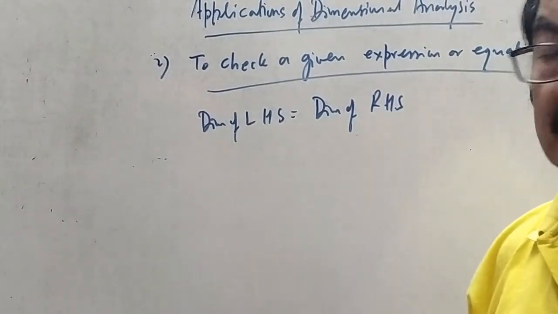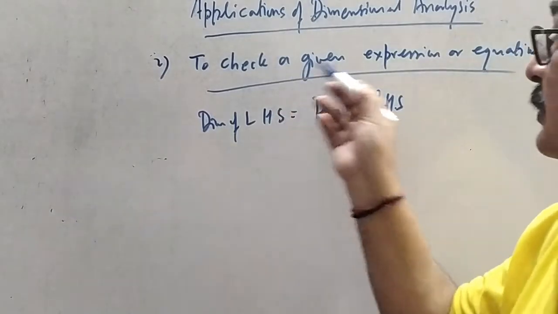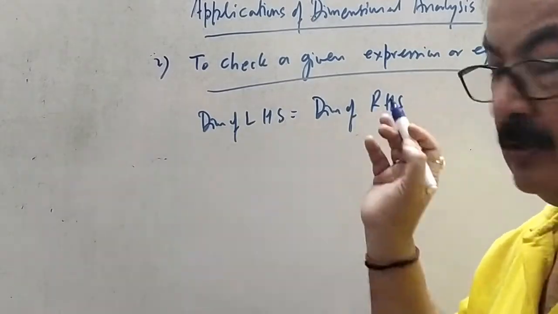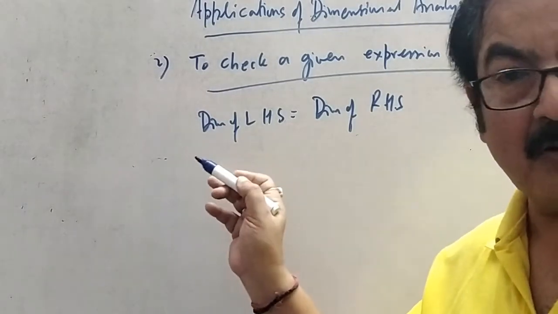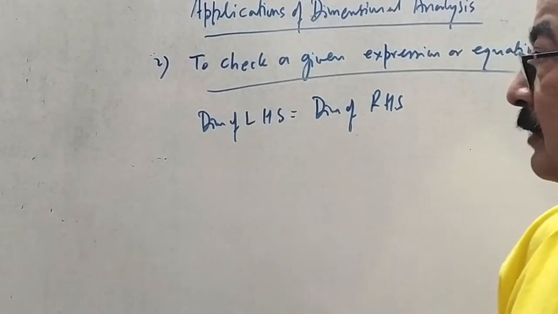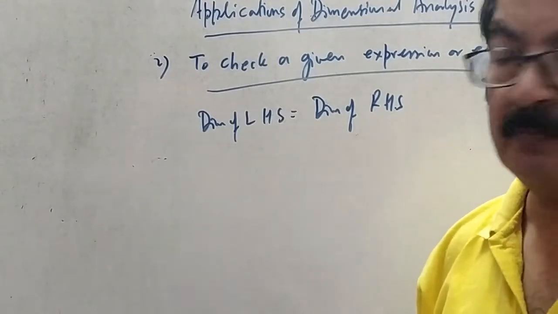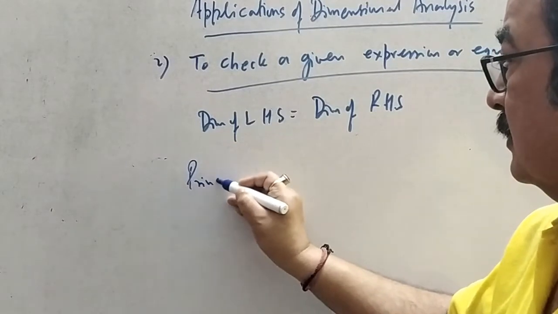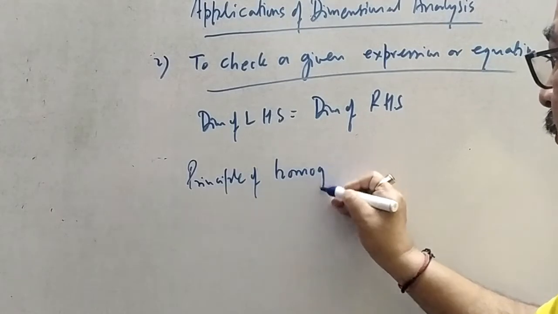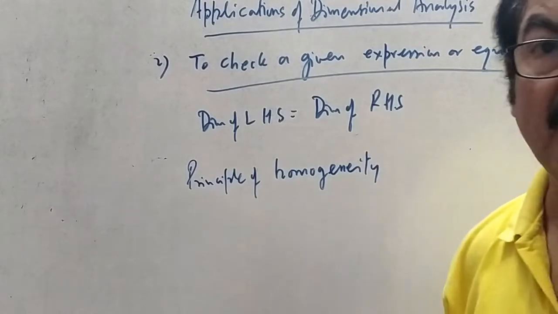Okay, this type of thing has some other name also. To check a given expression, we write this. This is the method of checking, but it is also associated with some law or theorem, which is called the principle of homogeneity.